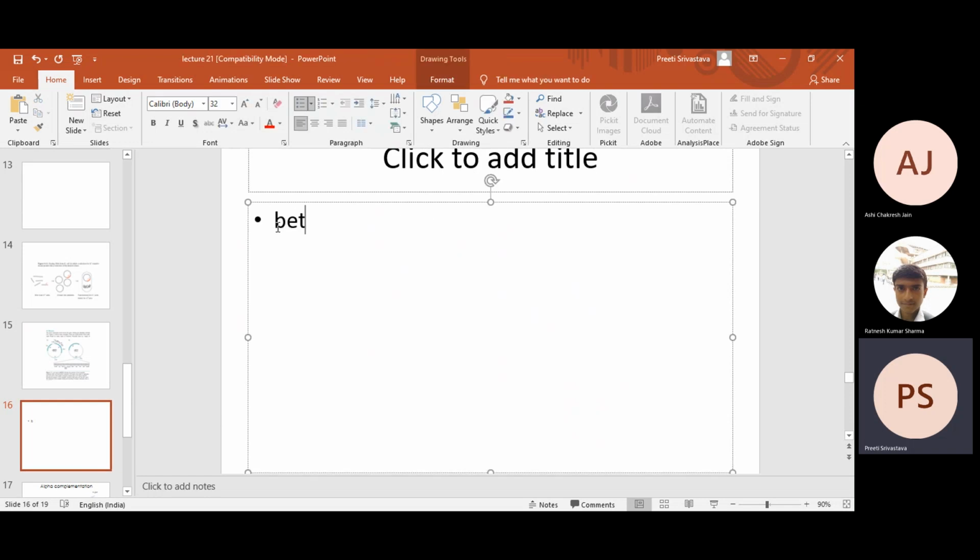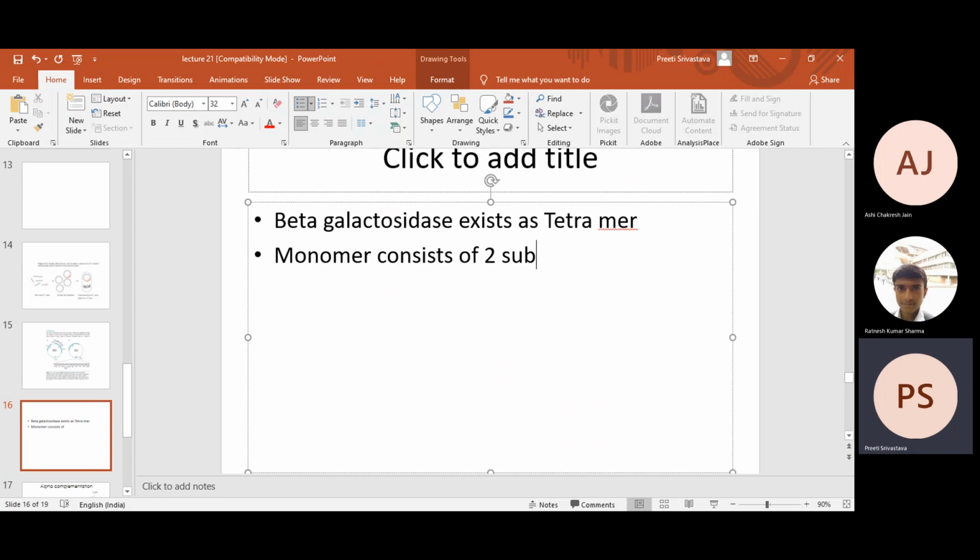Beta-galactosidase exists as a tetramer, and each monomer consists of two subunits, alpha and omega.